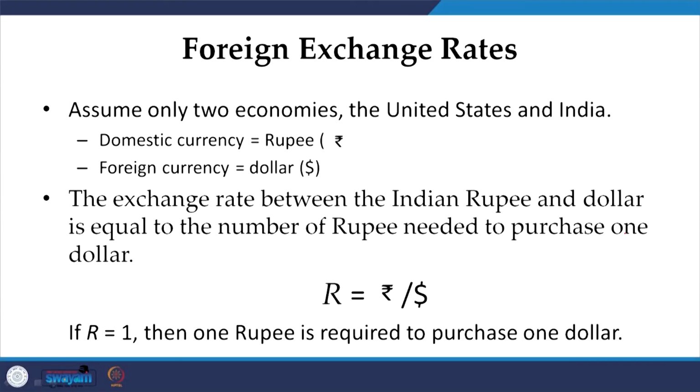For conceptual clarity, I think we will repeatedly give this aspect. There are two currencies: one is the domestic currency, another is called the foreign currency. The foreign exchange rate in nominal terms is defined as R equal to the domestic currency divided by the foreign currency.